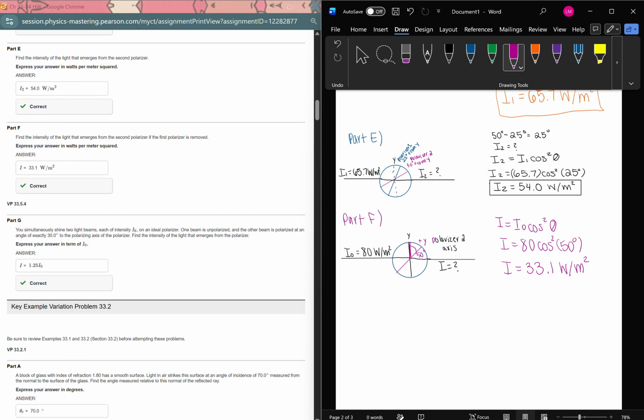So the intensity after the second polarizer is going to be 33.1 watts per meter squared, and that's because we removed the first polarizer.